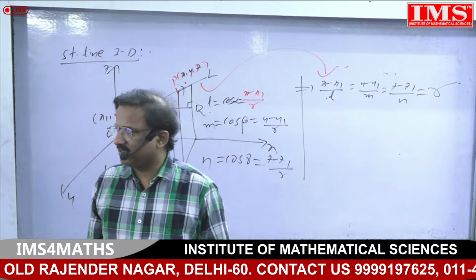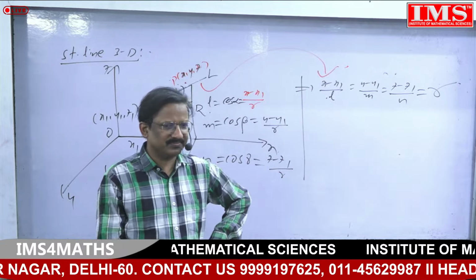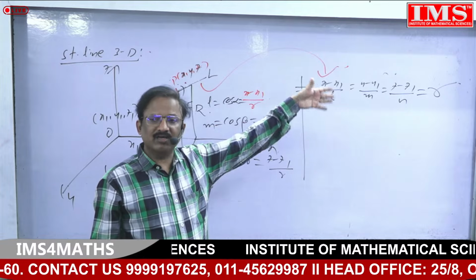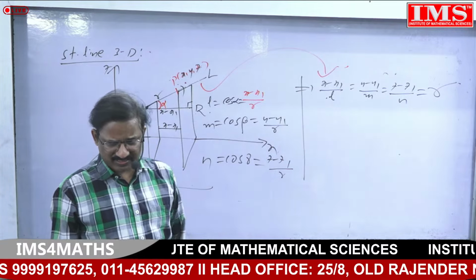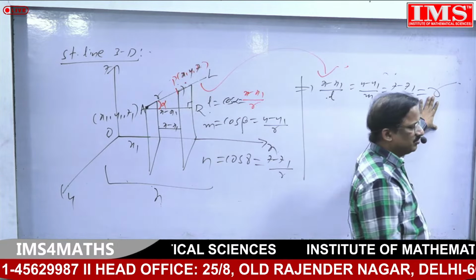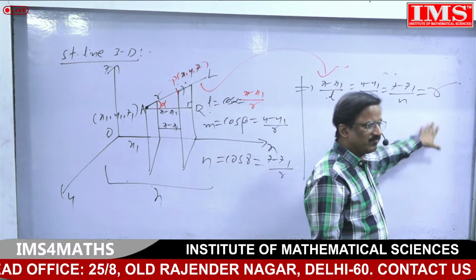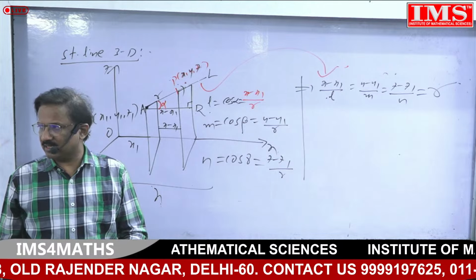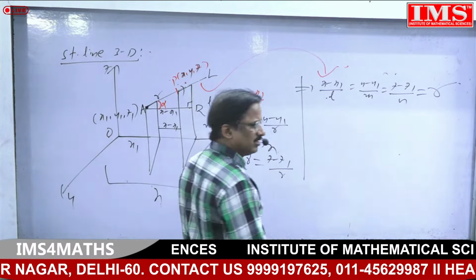But in 2D, a line is represented by only one equation. But in 3D, a line is represented by 3 equations. How many fractions here? 3 fractions. The 3 fractions are equal to r. This r is a variable distance. Is it a fixed distance or variable distance? Variable distance. r is to be known as a parameter.